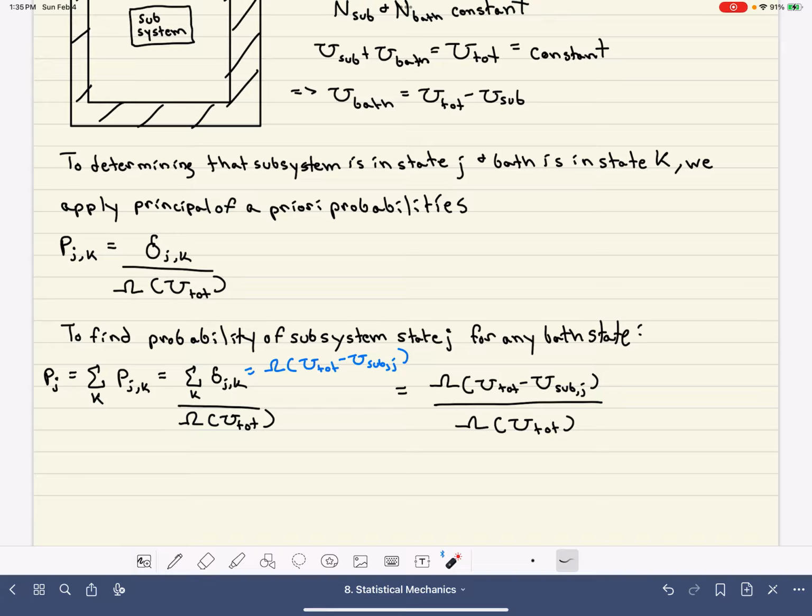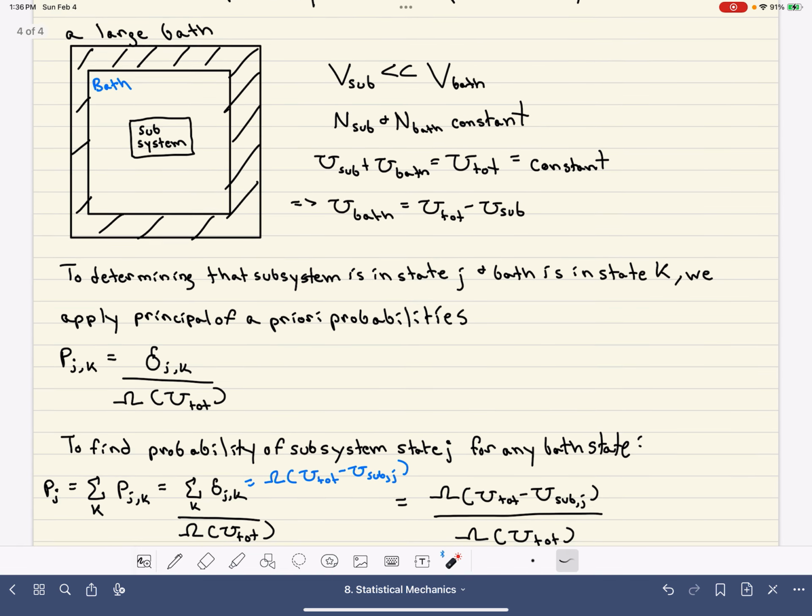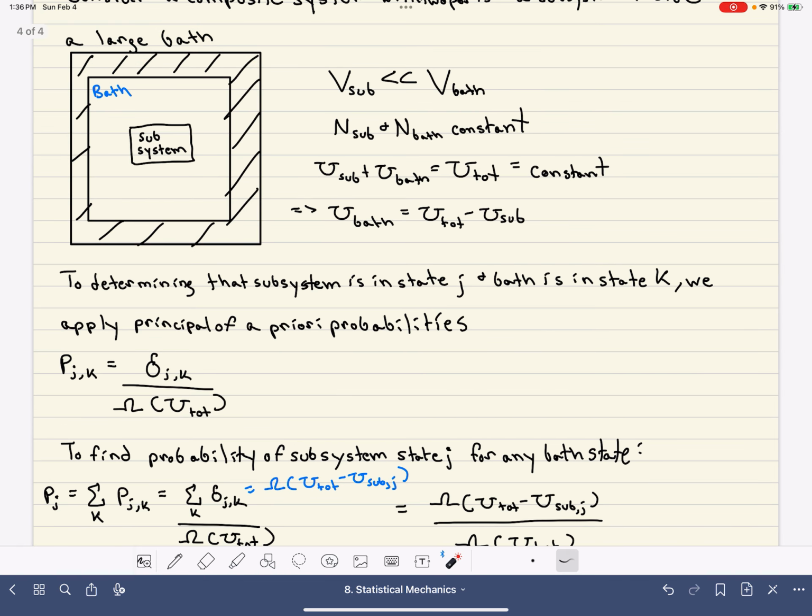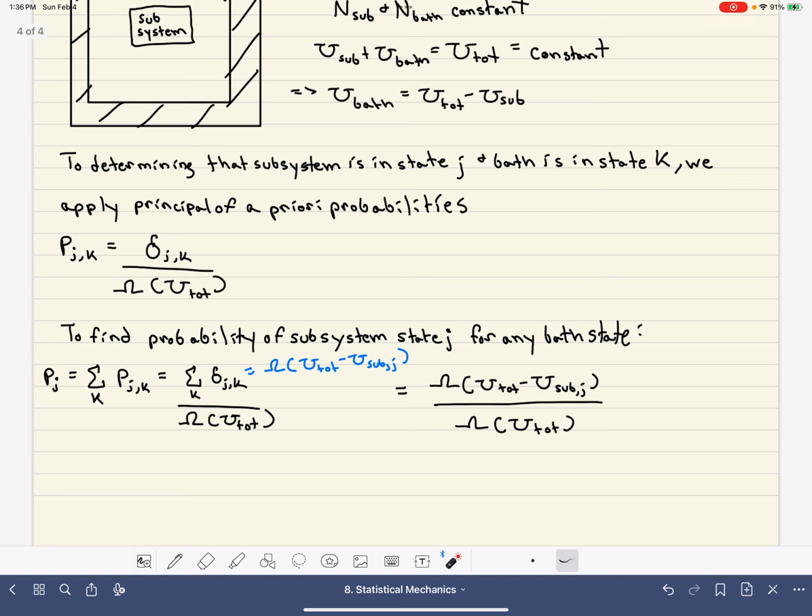Basically what it's saying is the probability that you're in state J is equal to the number of microstates that correspond to this internal energy divided by the number of microstates that correspond to the entire internal energy of the combined system. So that's how we're going to define the probabilities, and right now we're defining them in terms of the number of microstates.